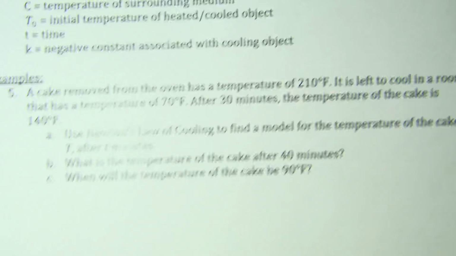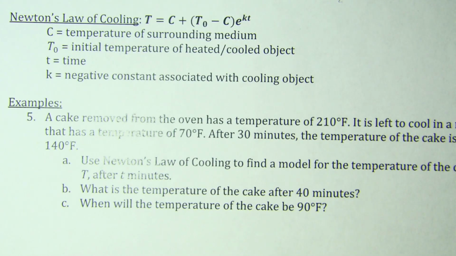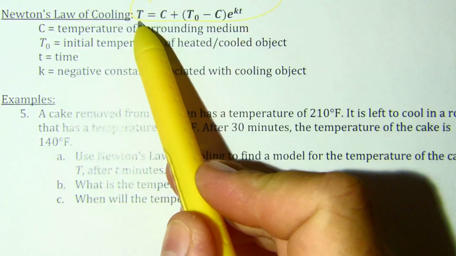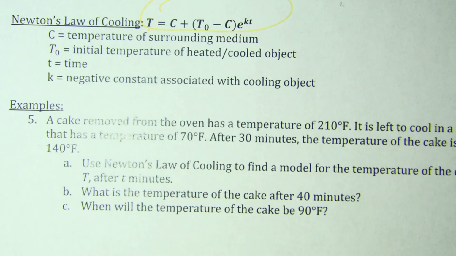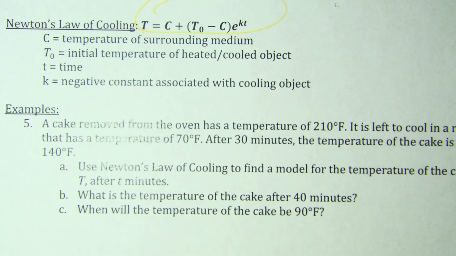We have one more type of problem we're going to look at, and this is heating and cooling. This is Newton's law of cooling, and this is that formula you see at the top here. T represents the temperature of an object after a certain amount of time. C represents the temperature of the surrounding medium.